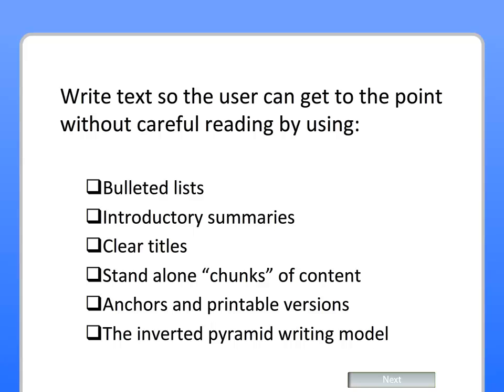You also want to write your text so that the user can get to the point without carefully reading. And you can do that with bulleted lists, introductory summaries, clear titles, standalone chunks of content. You can have anchors and printable versions, and then also use the inverted pyramid writing model. This will ensure user success.